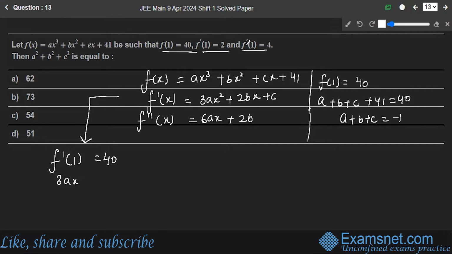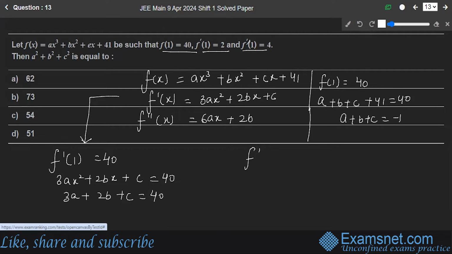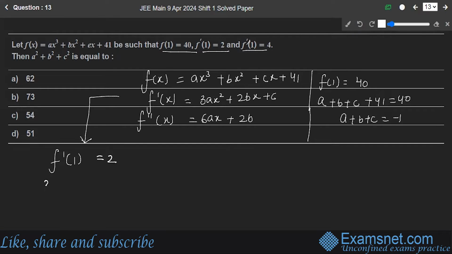So this gives me 3a plus 2b plus c is equal to 2.